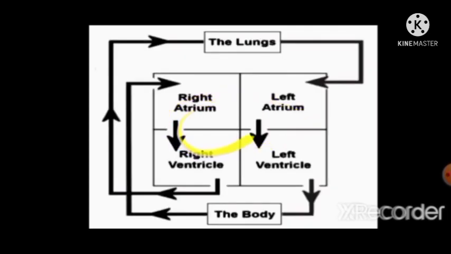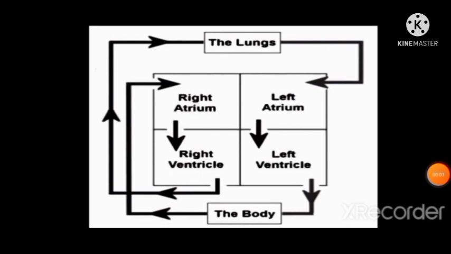This is the overall flow of blood through the heart from the body to the right atrium, and from the right atrium it goes to the right ventricle through the atrioventricular valve called the tricuspid valve, and from the right ventricle it goes for oxygenation towards the lungs, and from the lungs it comes to the left atrium, and from the left atrium it passes towards the left ventricle through the valve called the mitral valve, and from the left ventricle it goes towards the body, and from the body that deoxygenated blood comes to the right atrium.